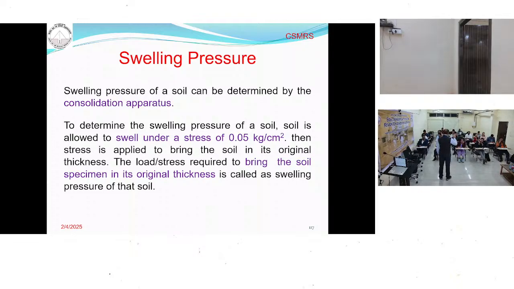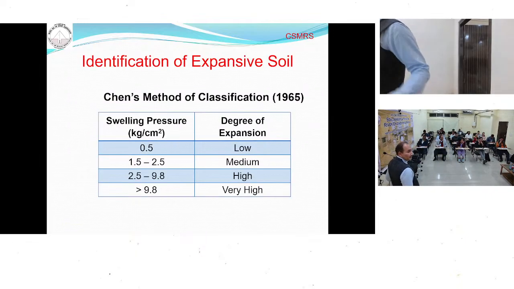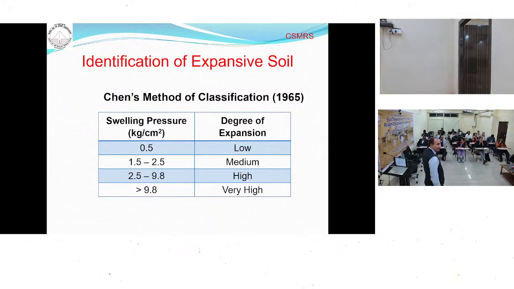That is called the swelling pressure. So depending upon the swelling pressure, we can say whether it's swelling or non-swelling. If swelling pressure is less than 2.5, low; 2.5 to 9.8, medium; more than 9.8, high.